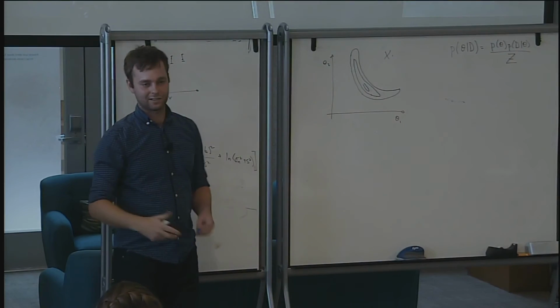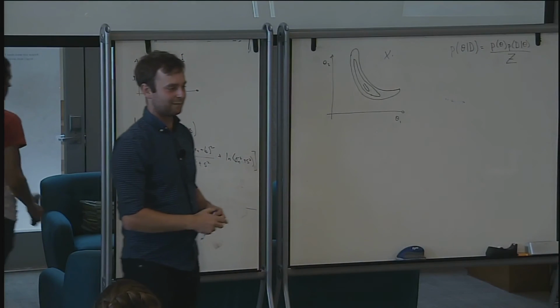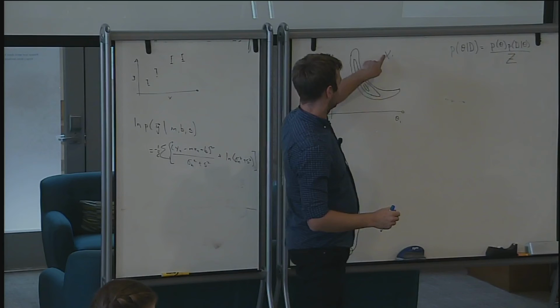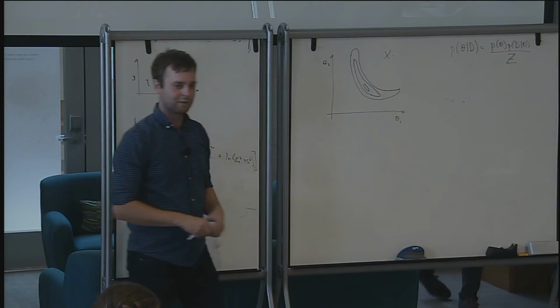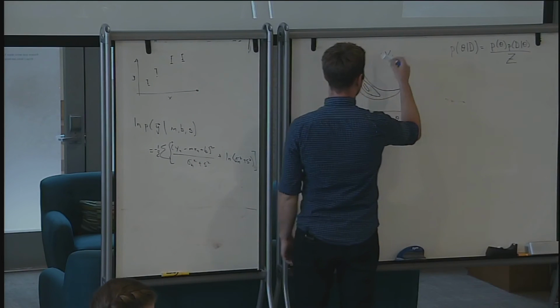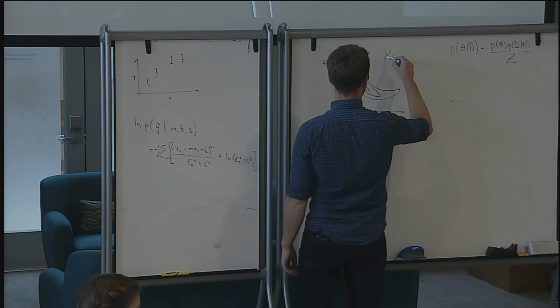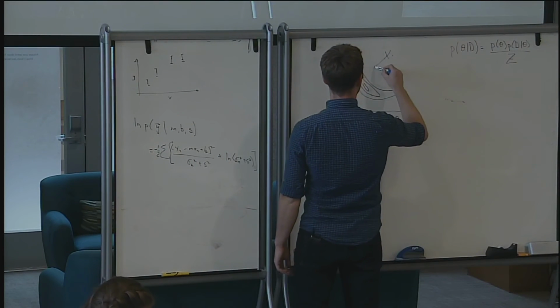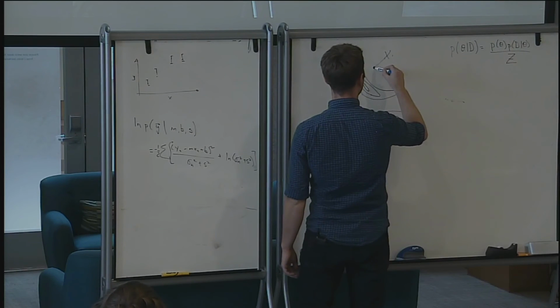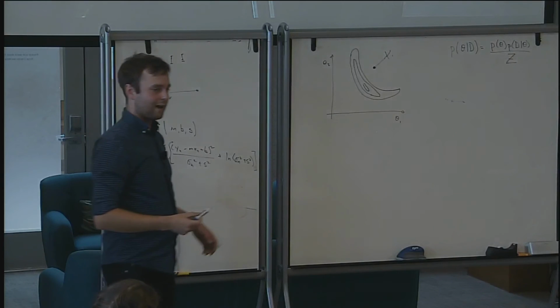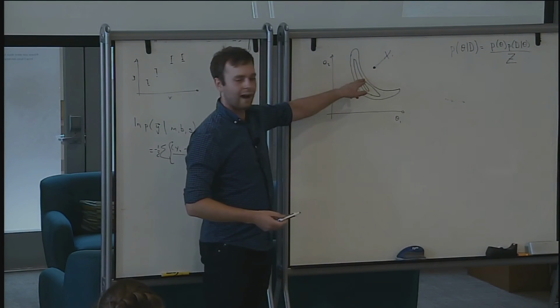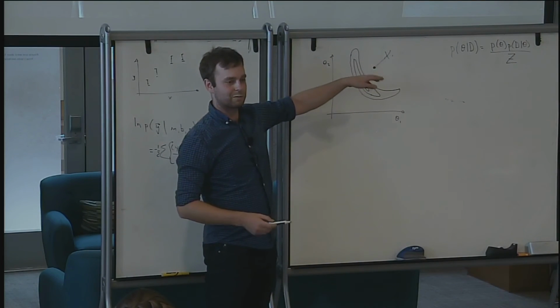It's a pretty bad choice, but we'll come back to that in a moment. And what you do is you propose some new point based on that point. It's randomly selected in a way that I'll describe momentarily. Let's say that we propose this point right here. When we propose that point, the probability is getting higher, and so in that case, we'll definitely accept it.